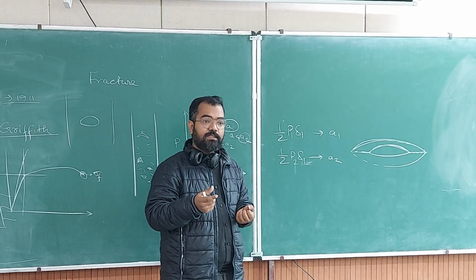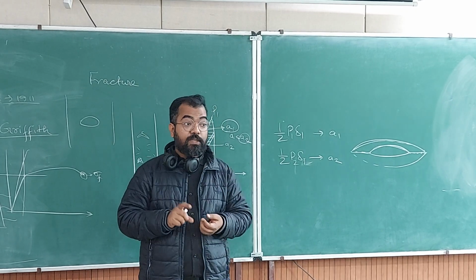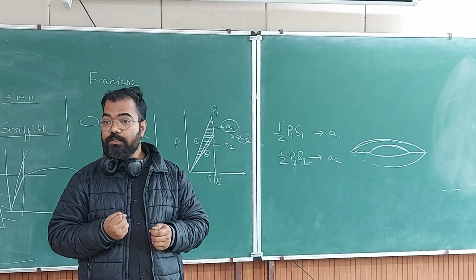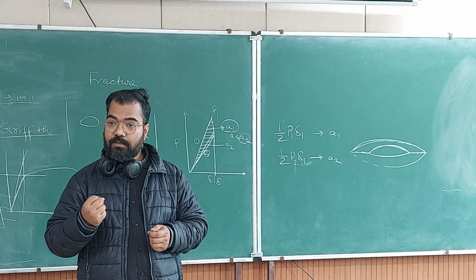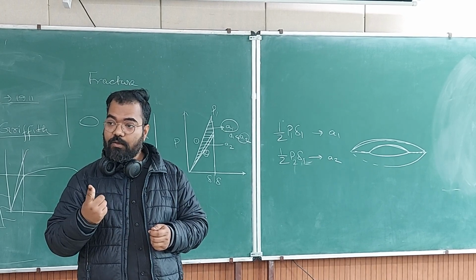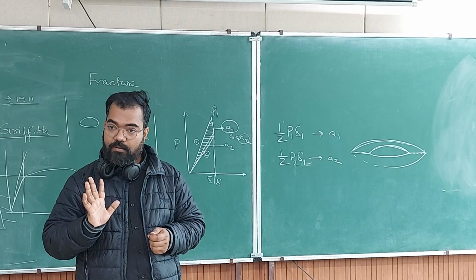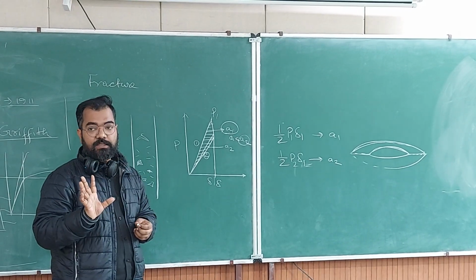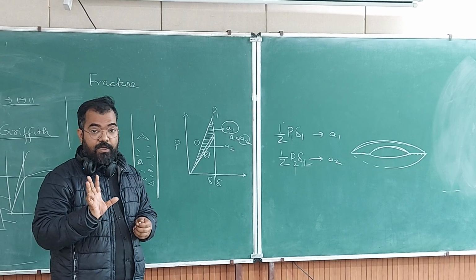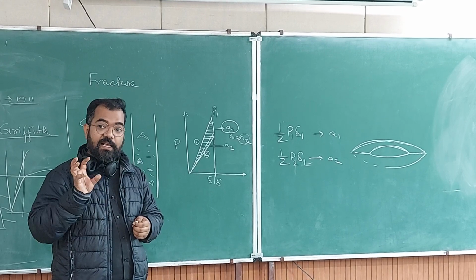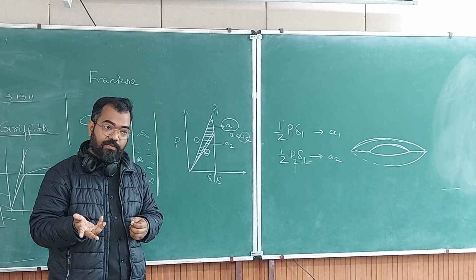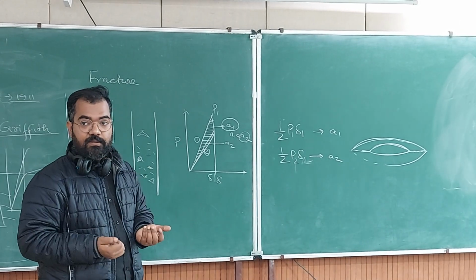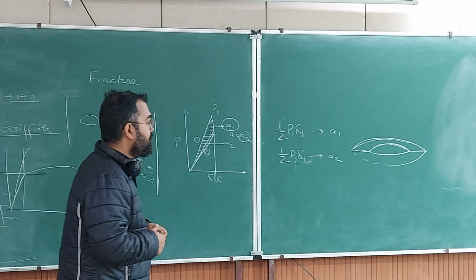That will require some energy, and that energy is coming from the elastically stored energy, because elastic energy is reversible, right? If you unload, it will be gone. So that energy can only be used for surface creation. Even if there is plastic deformation, plastic energy cannot be used for surface creation because that is dissipated, consumed by the material, that is irreversible, okay?